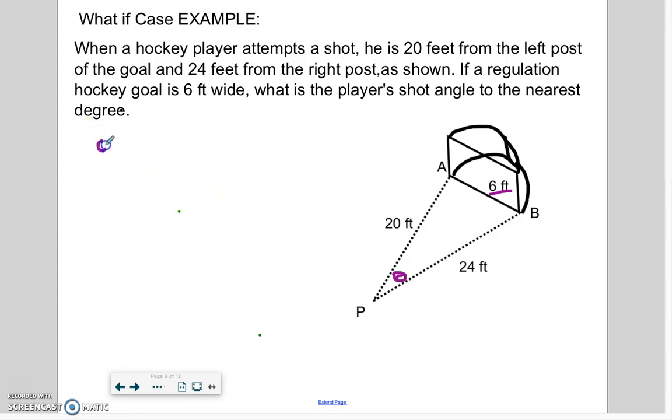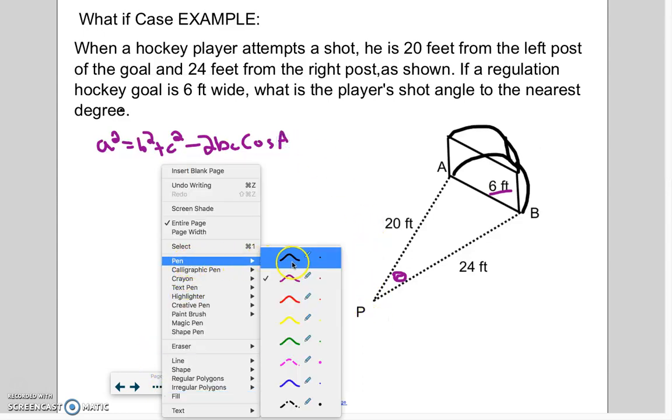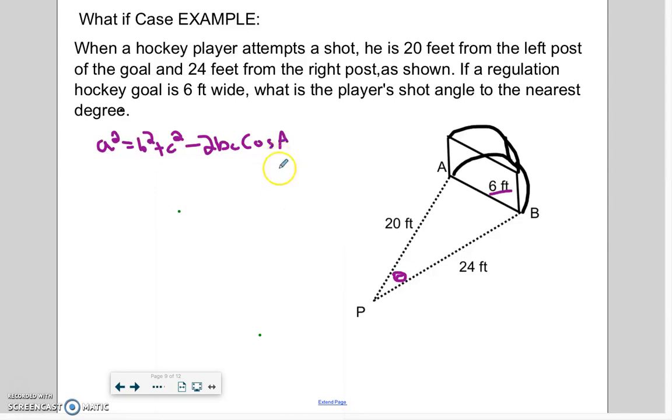So we're going to take the formula a squared is equal to b squared plus c squared minus 2bc cosine of A, and this A is really standing for angle P. We're going to substitute our values in. With the b squared and the c squared, they can go in any order.